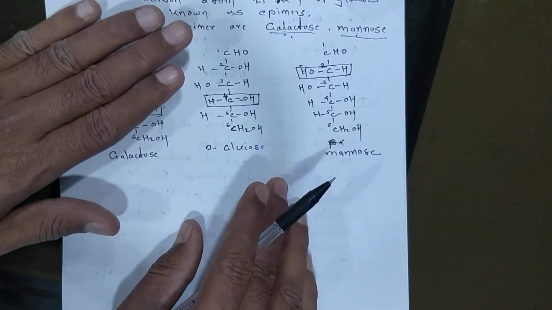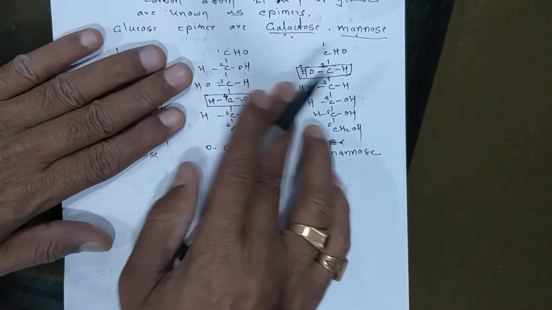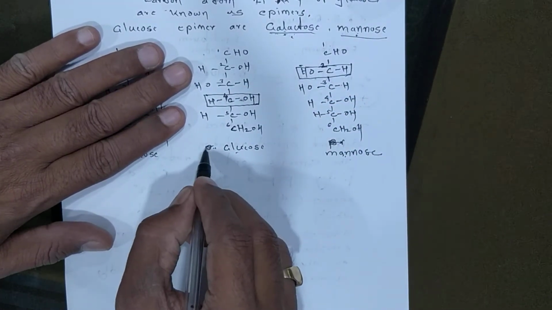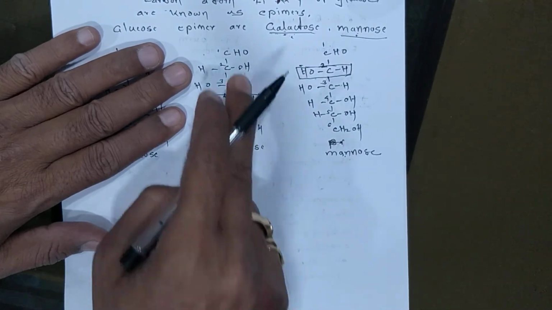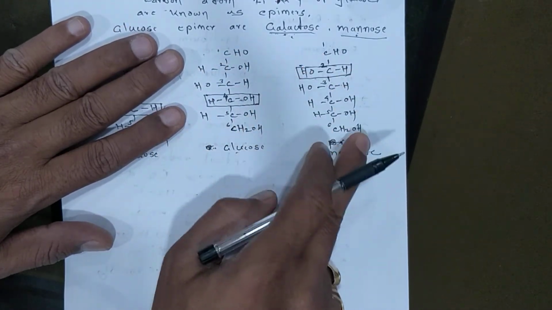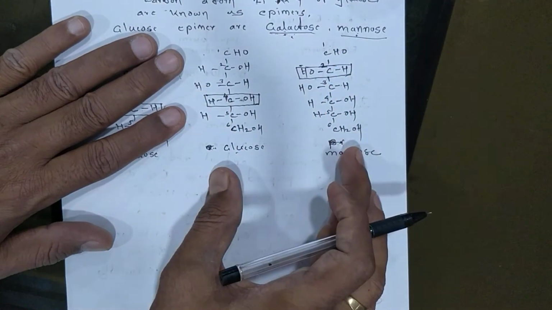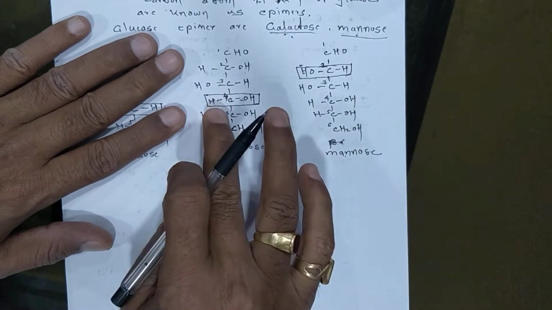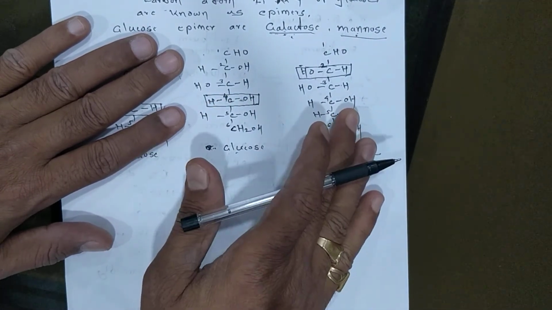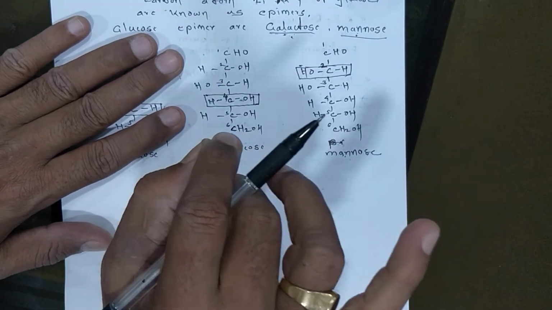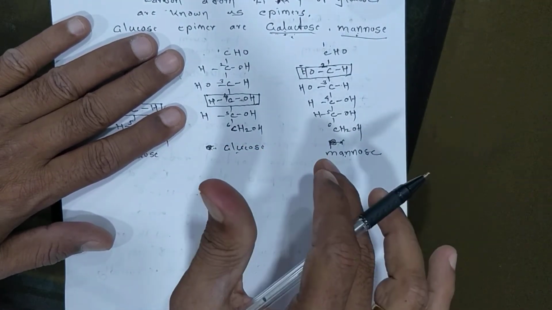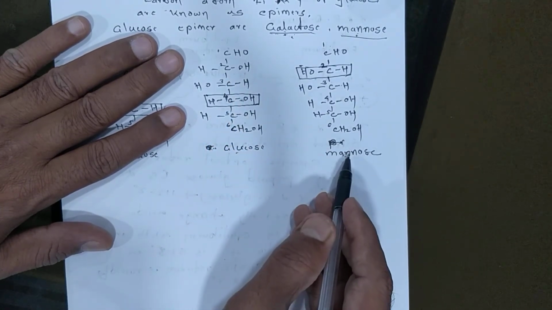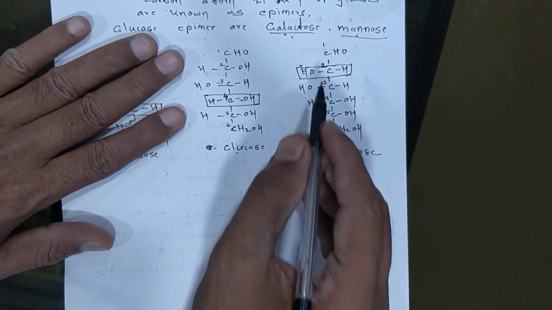Now compare these two, glucose and mannose. Forget about D-glucose, only write glucose. This is the glucose structure and this is mannose. These are two monosaccharide examples. They differ from each other. How do they differ? A change takes place at a specific carbon atom. Which one? As compared to glucose, mannose changes at carbon atom number 2.